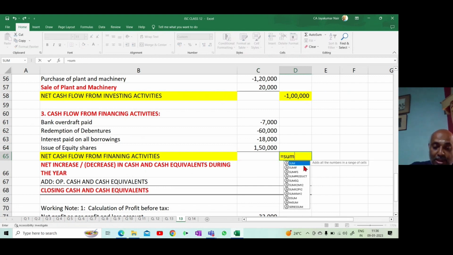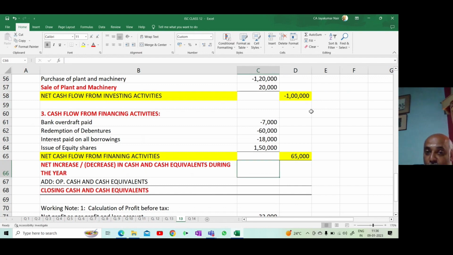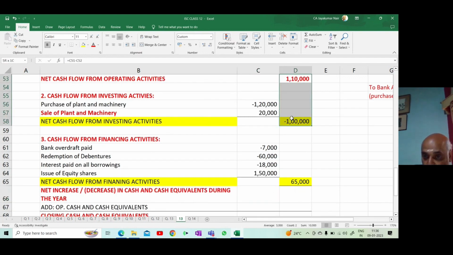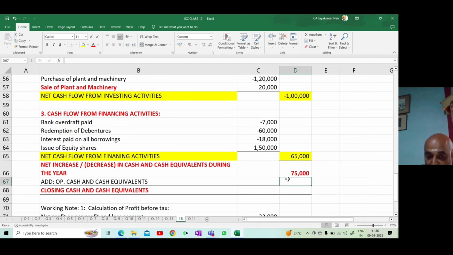So here you will add these four and take it in the outer column. So operating activity total plus investing activities plus financing activities, when you add it up, you will get the net increase or decrease in cash and cash equivalents during the year, which is 75,000.